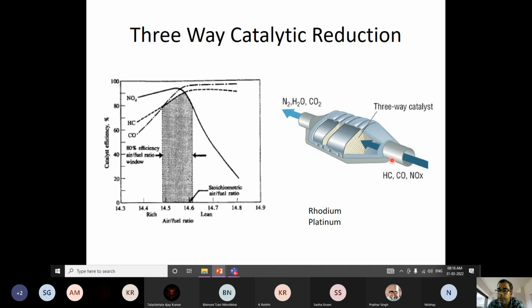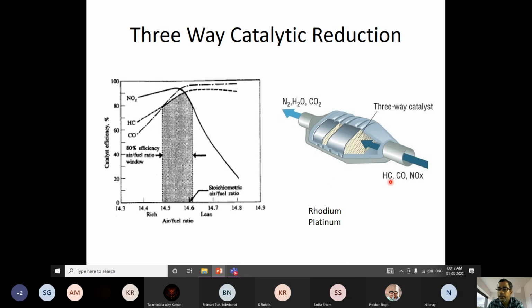When the pollutants pass through this mesh, they come into contact with the catalyst, and HC and CO are oxidized to H2O and CO2, and NOx is reduced to N2.